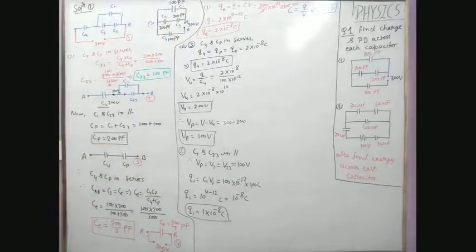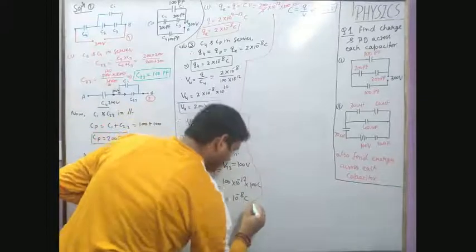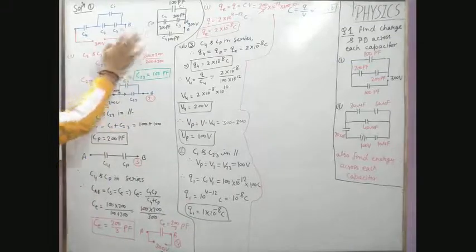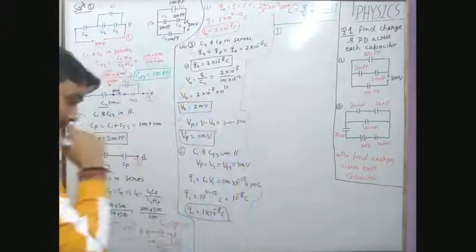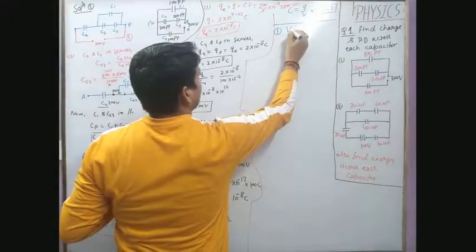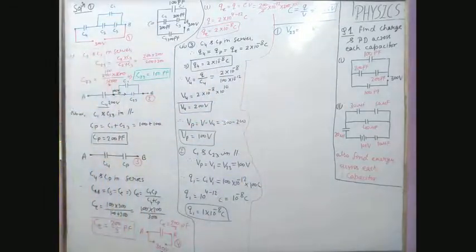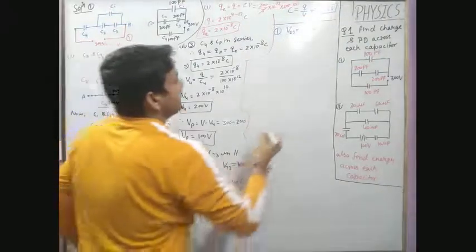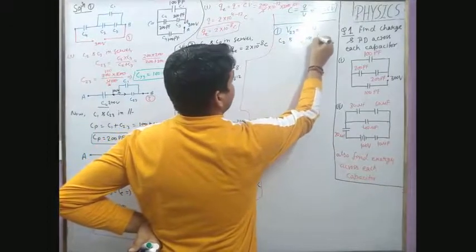Okay, now after this we are moving to circuit 1. In circuit 1 we have V23 equal to 100 volt, and C2 and C3 are in series.